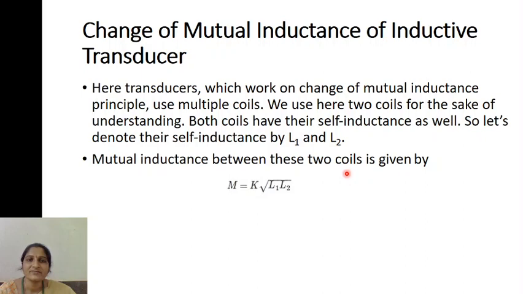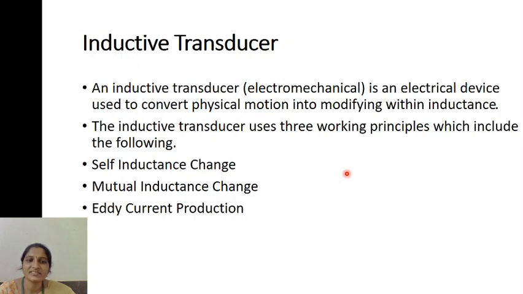We have discussed that there are three working principles: self-inductance change, mutual inductance change and eddy current change. So far we have discussed self-inductance change. Coming to the next one, mutual inductance change.